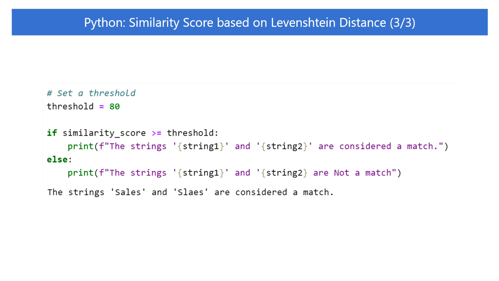If the similarity score is greater than or equal to the threshold, the program prints a message indicating the strings are considered a match. Otherwise, it prints that the strings are not a match. In this example, the similarity score is 80, which is greater than the threshold. Therefore, the output is: the strings cells and slice are considered a match.